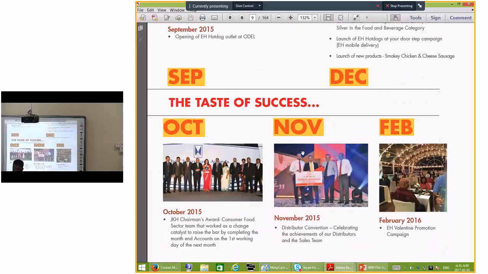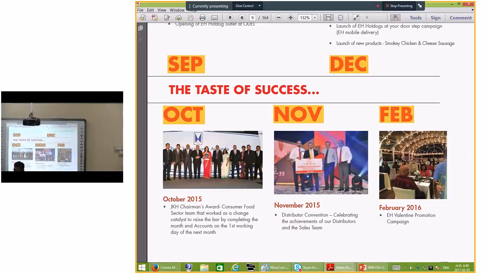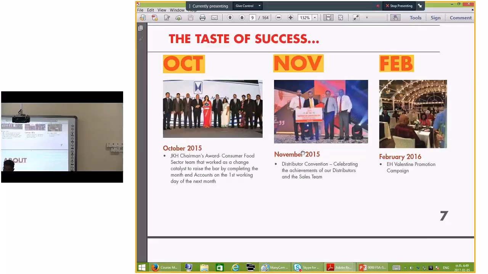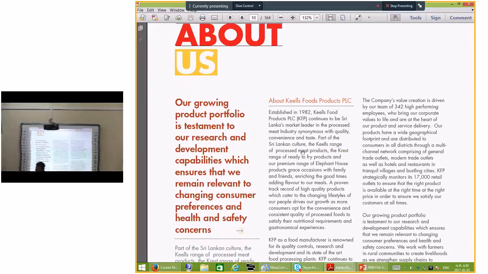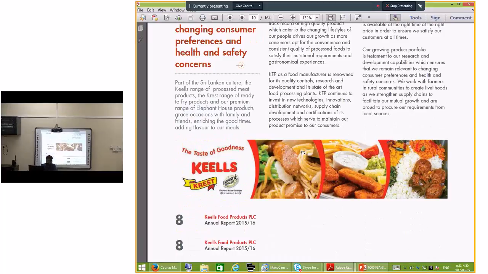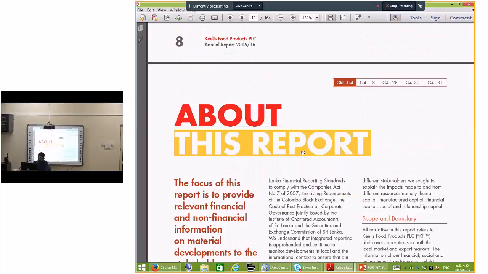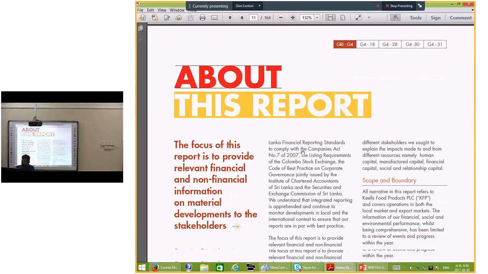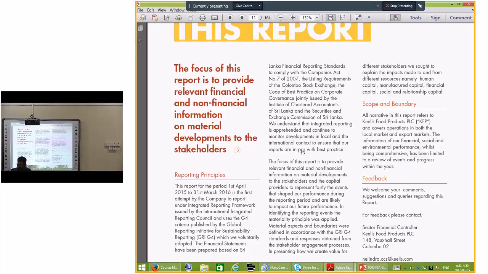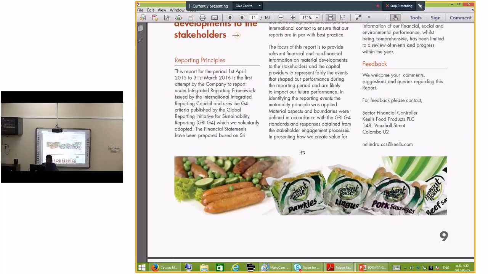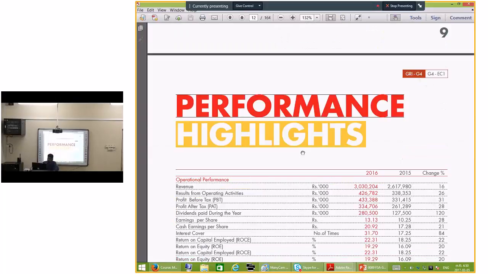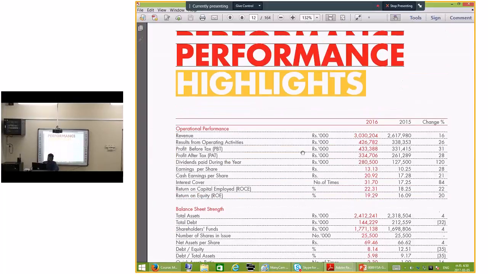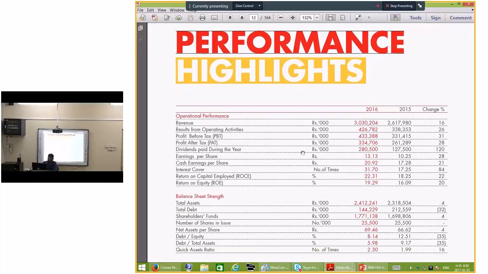Sometimes they may have some CSR projects, and the details are all given in this type of annual report. This attractiveness is one of the key factors for determining the best financial statement, and also the content of the detail.